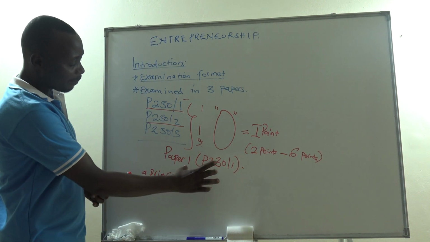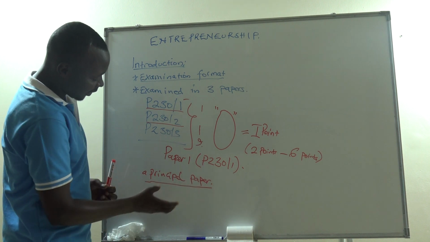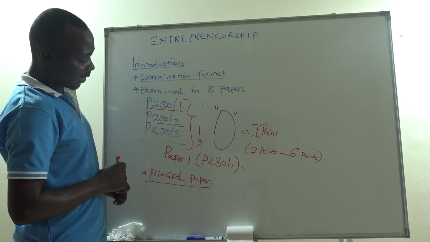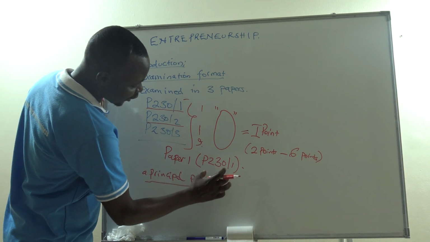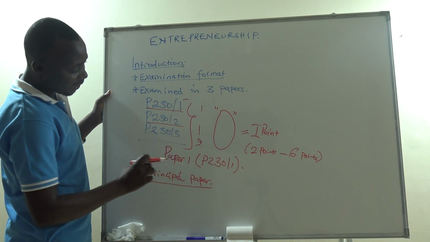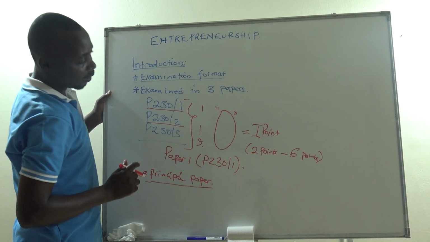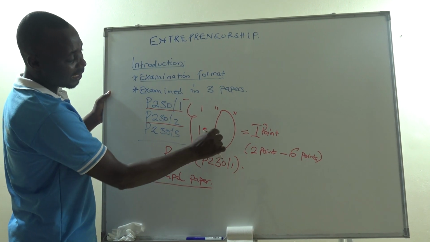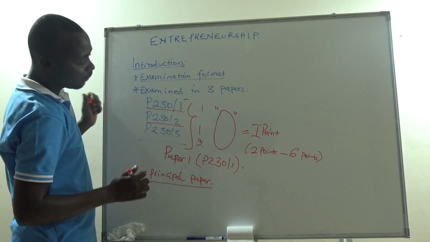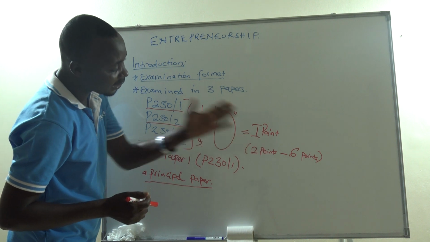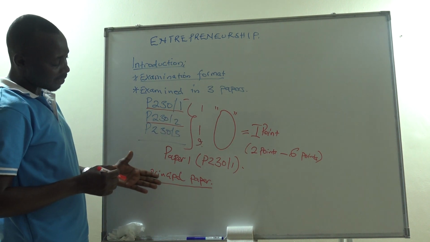Paper 1 is examined as a principal paper, and a learner is required to get at least 2 points, not 1 point, which is represented by letter O.